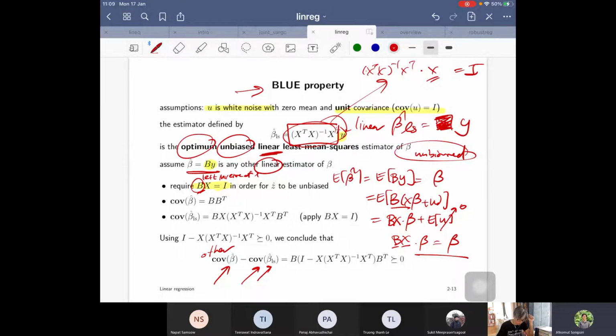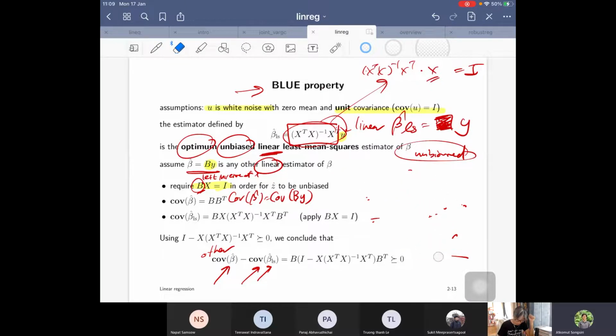Secondly, when we characterize the covariance of beta hat, it is the covariance of B times y. From the analysis, this equals B times the covariance of y times B transpose, because this is a linear transformation in y. What is the covariance of y?